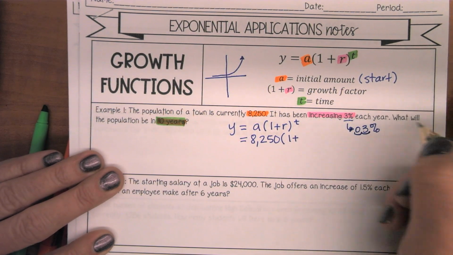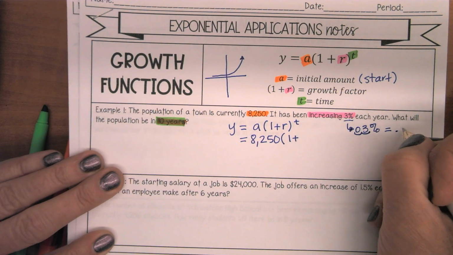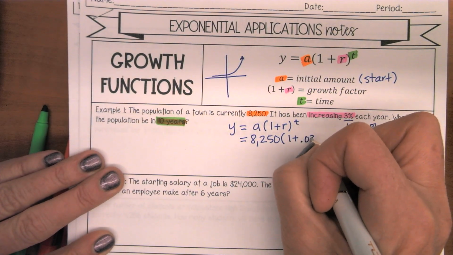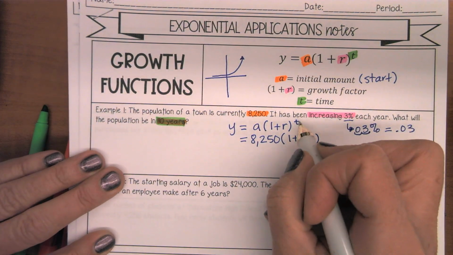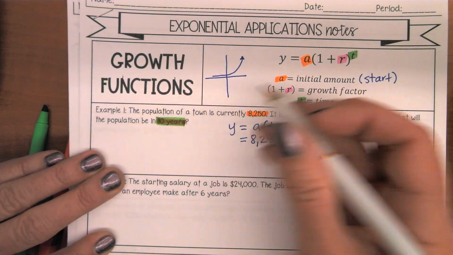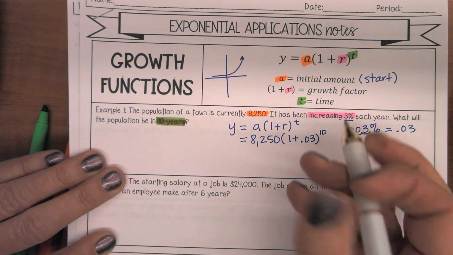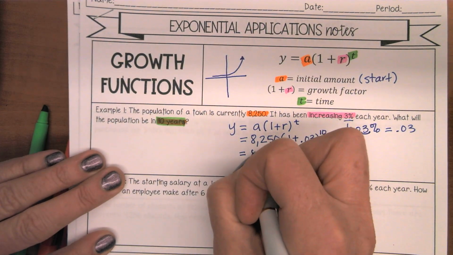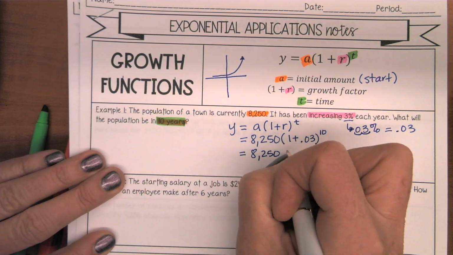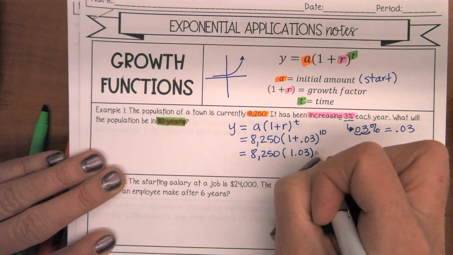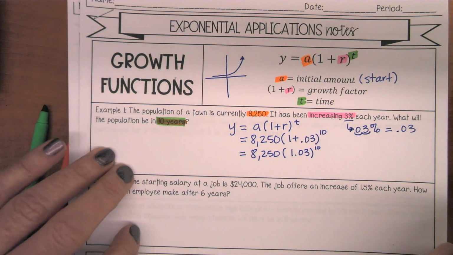I can explain why that happens, but know that you move it 2 times. So now I have 0.03. And my T, my time, is 10 years. I'm going to simplify it a little before I put it into my calculator. I have 8,250 people times the rate of 1.03 to the 10th power.